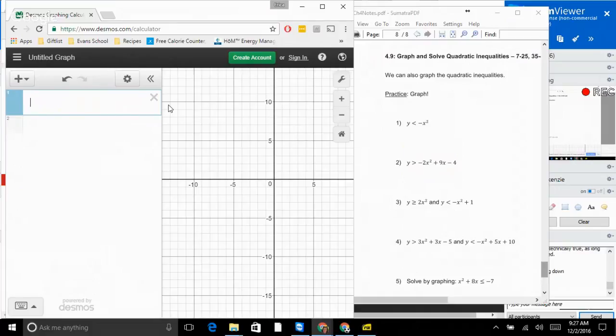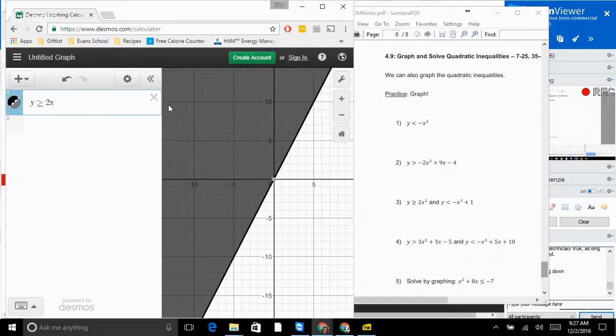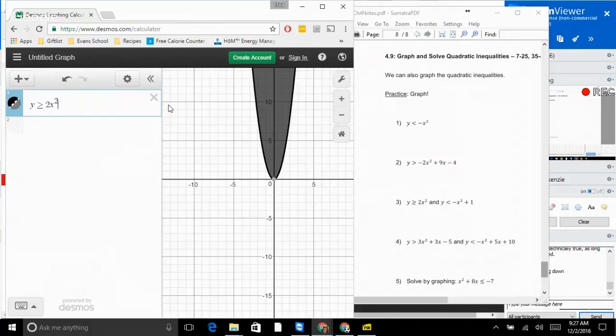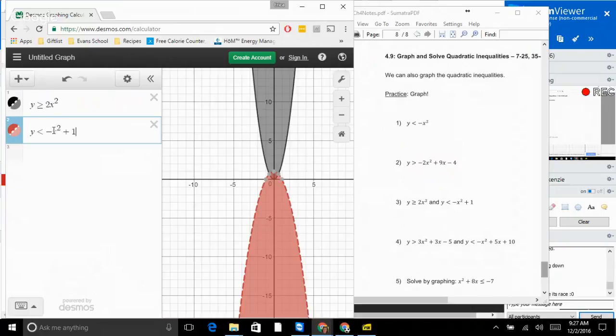So that's going to be a parabola that opens up, right? Okay, and then we've got y is less than negative x squared plus 1. So we've got our two parabolas that I just graphed.